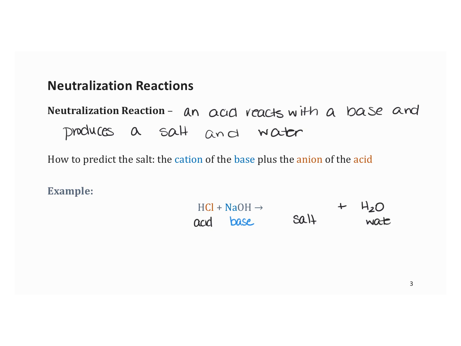So how do we predict what the salt is that we're going to form? We take the cation of the base, which is sodium, and it has a +1 charge. Remember, we look at the periodic table to find that. And then we take the anion of the acid, and that's the chloride right there. We crisscross these down, and that gives us sodium chloride in this case, which is a salt.